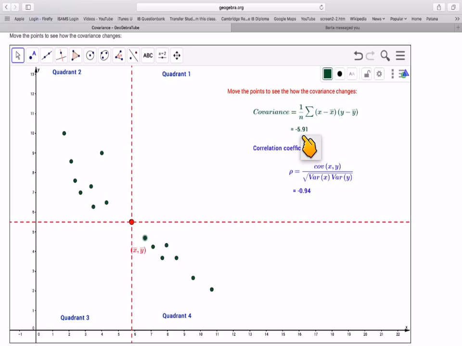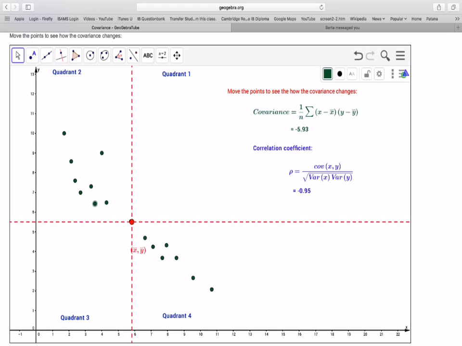This is because here the x value will be negative but the y value will be positive, so negative times a positive gives you a negative. A similar thing happens here: the x value is positive but the y value is negative, so this gives you a negative value too.